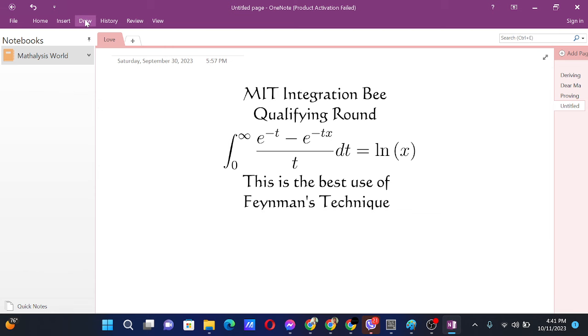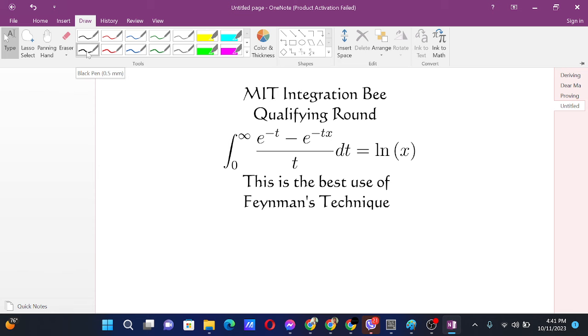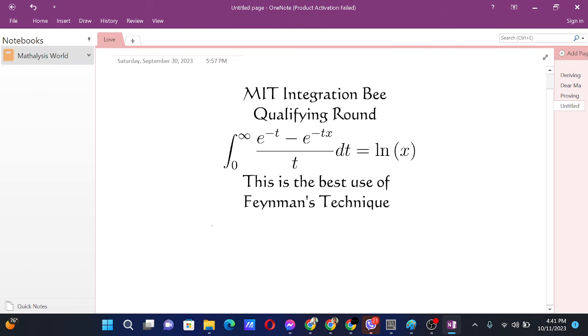Before I enter into the integral, let me introduce you to Feynman's technique. Let's say we have an integral I from a to b, where a and b are constants, and we have a function of x and t, and this integral is in the world of x.